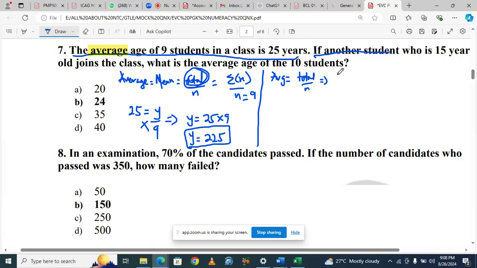Before, n was 9 and the total was 225. Now the new student's age, we don't know, but let's say the age is X. Are we okay? Then the expression would now be 225 plus X all over 10. Is that okay?